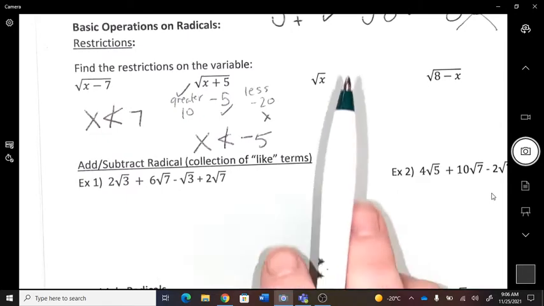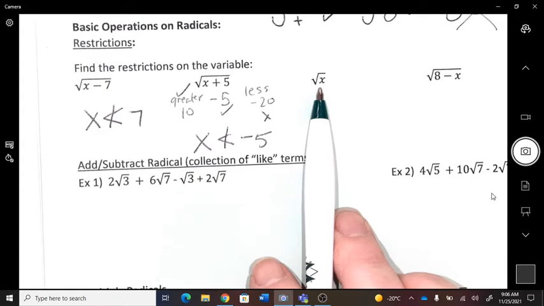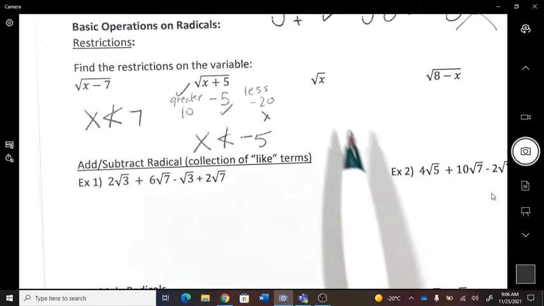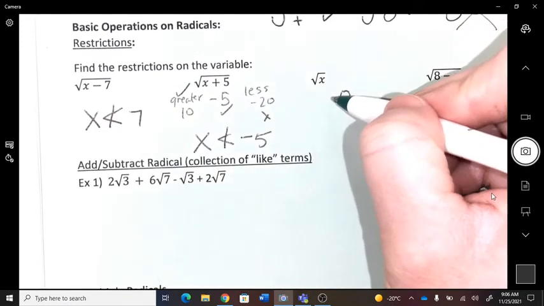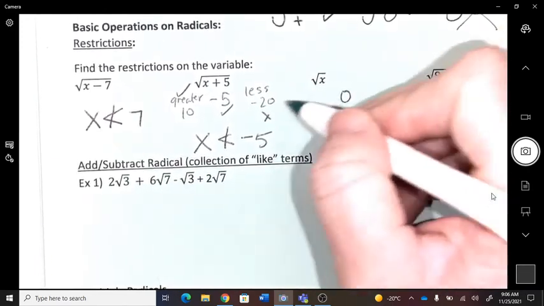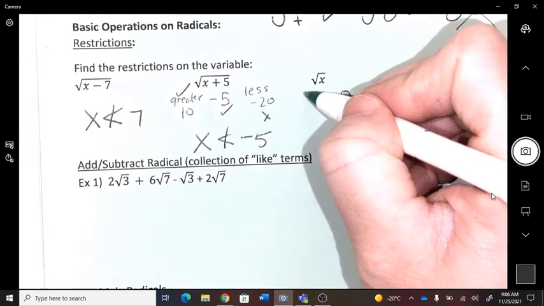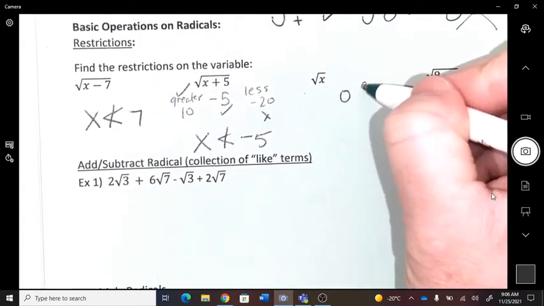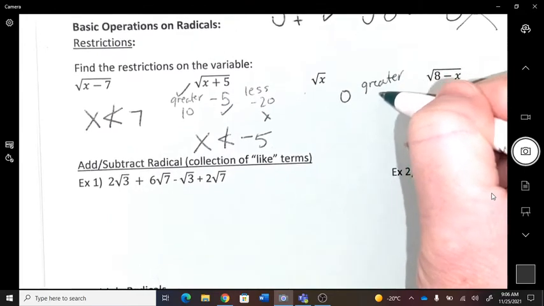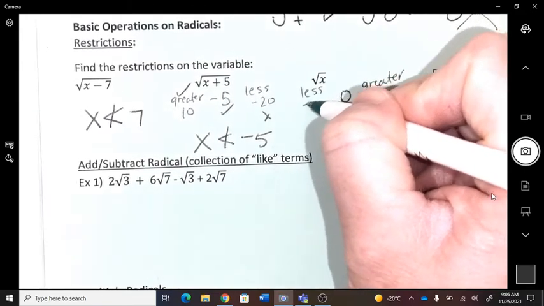Okay, what makes this 0 if x was 0? So if I go greater or less than, okay, what's something greater than it? Maybe I should have put this on a number line. Greater is like a 10, a less is like a negative 3.